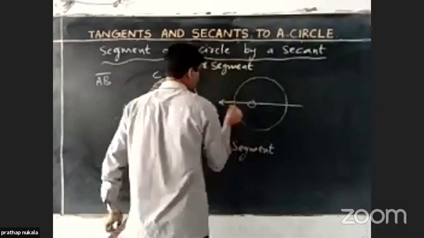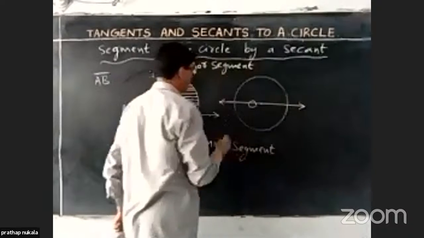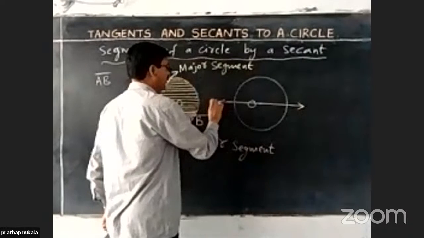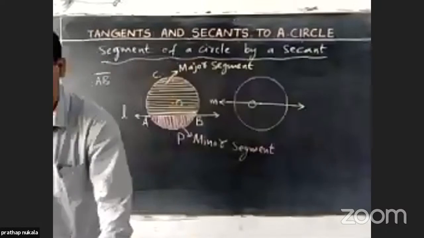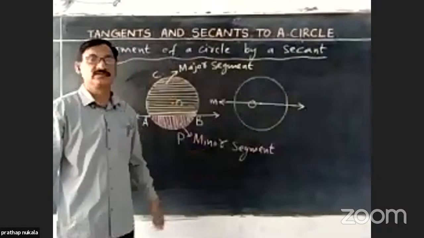Okay, this is a line, whatever it may be. It may be called M. This is the center. Now, what happened?